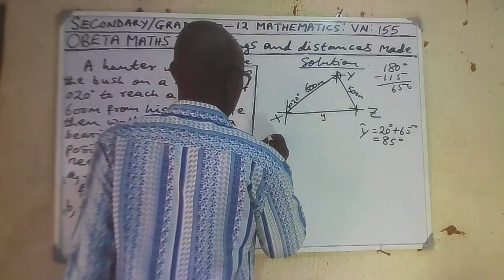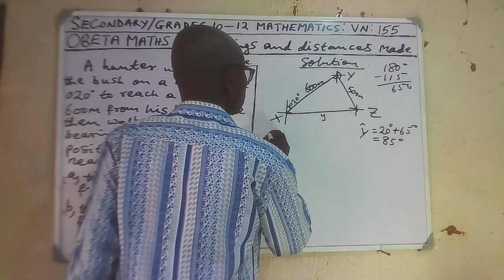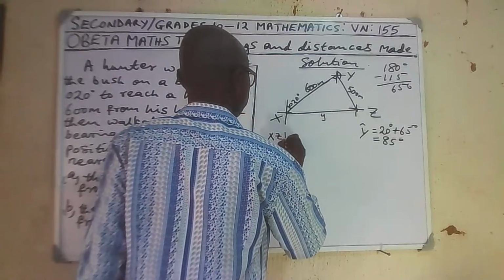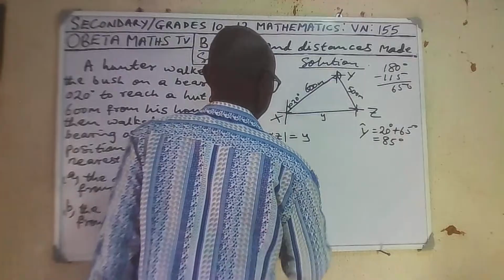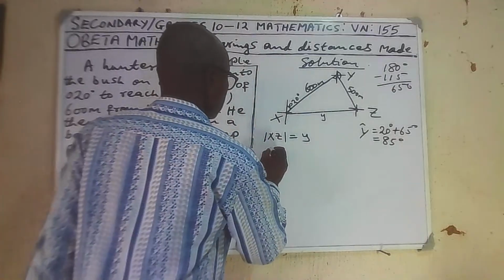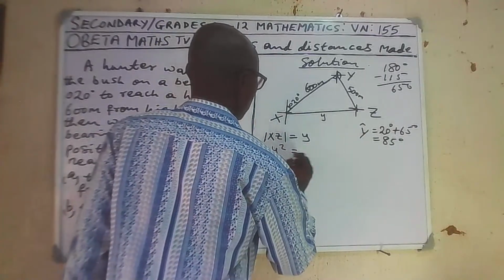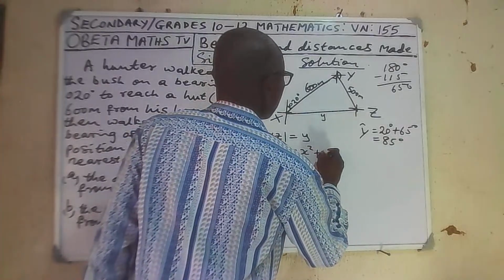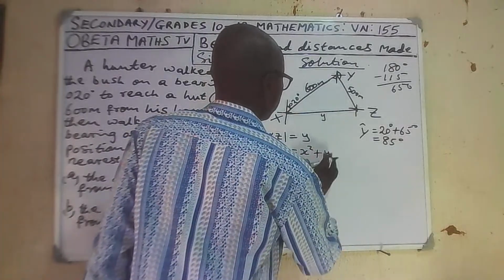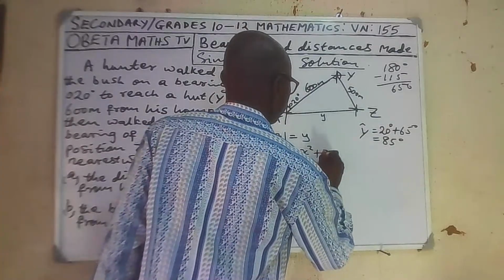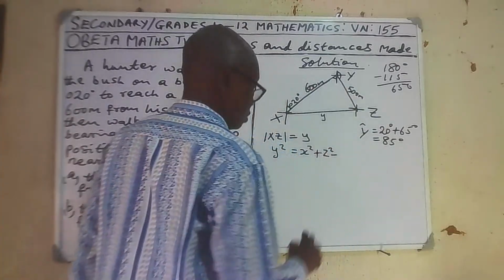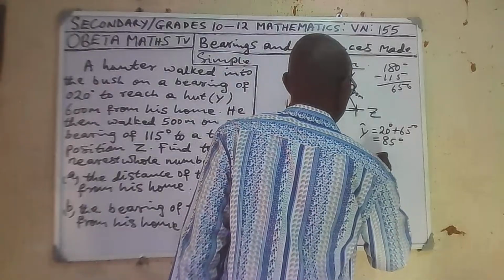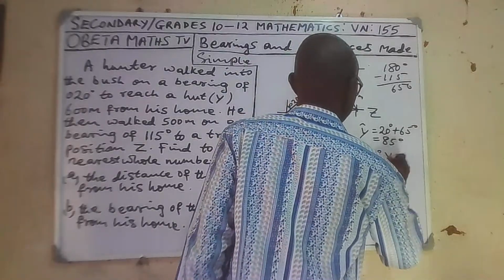So using the cosine rule, y squared is equal to x squared plus z squared minus 2xz cos Y.